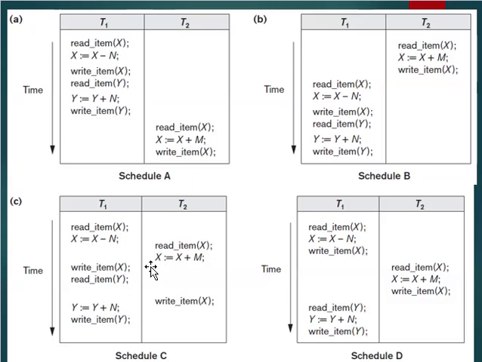In schedule C we can see that the transactions are executed in a non-serial fashion. Starting from T1, first it is executing the read item of X. So we have to check whether there is any conflicting operation from T2. There is no conflicting operation because the first operation in T2 is read item of X, so there is no conflict with read item X in T1.